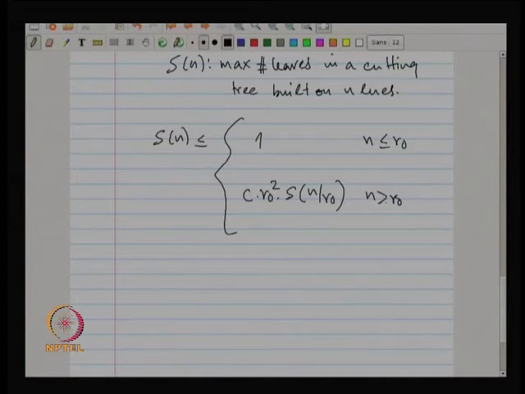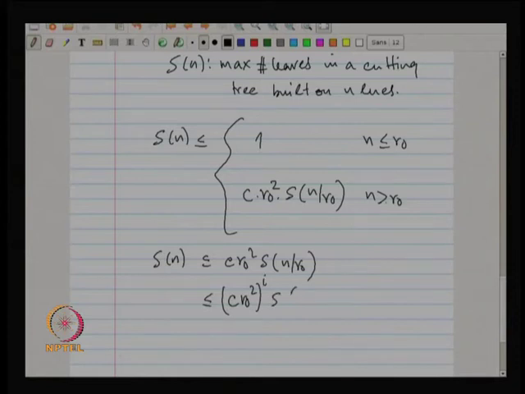So, let us look at this recurrence, what happens to it. If you start expanding it I times, what will you get? You will get C times R0 square to the power I times S of n over R0 to the I. Am I right?